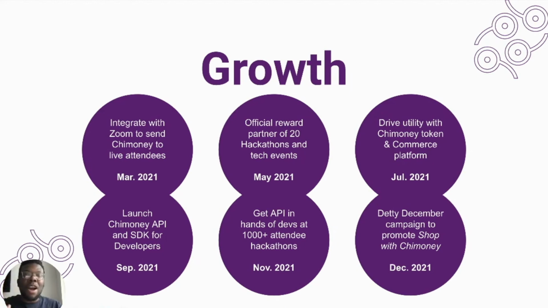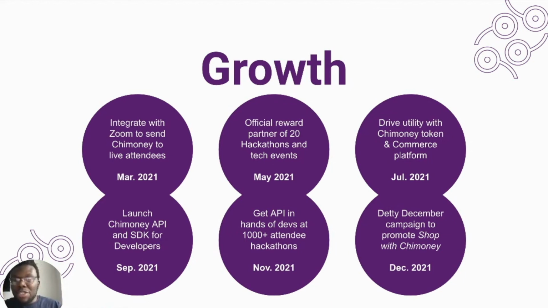And this has the potential of really increasing live engagement at hackathons, at conferences, and things like that. And by May 2021, we're going to be the official reward partner of 20 hackathons across the world. I'm the founder of Africa Hacks and we have lots of hackathons, so we're able to reach 30,000 people with one action that we take.